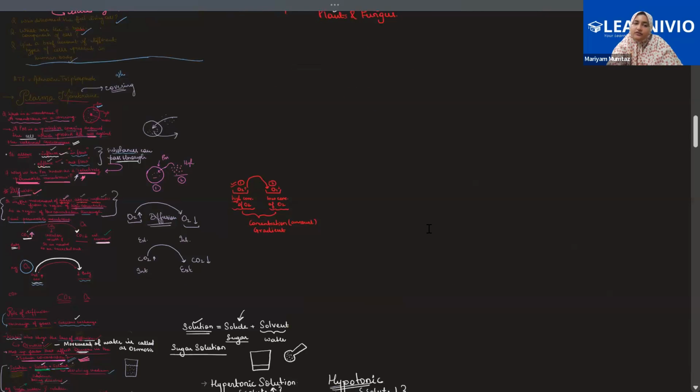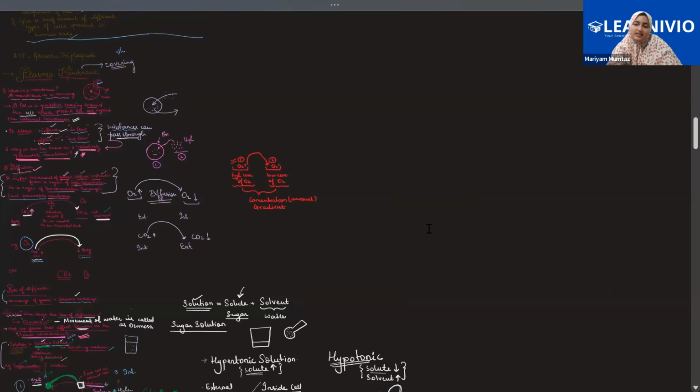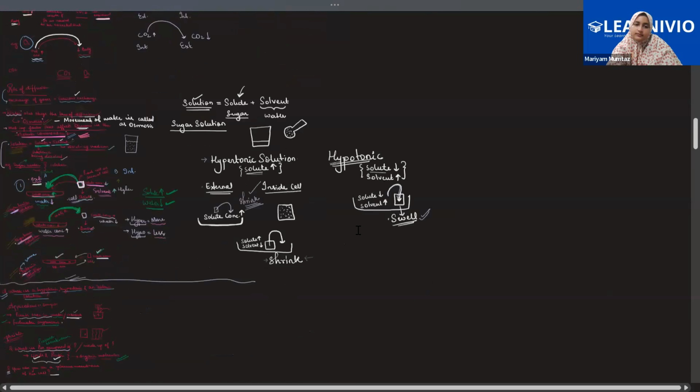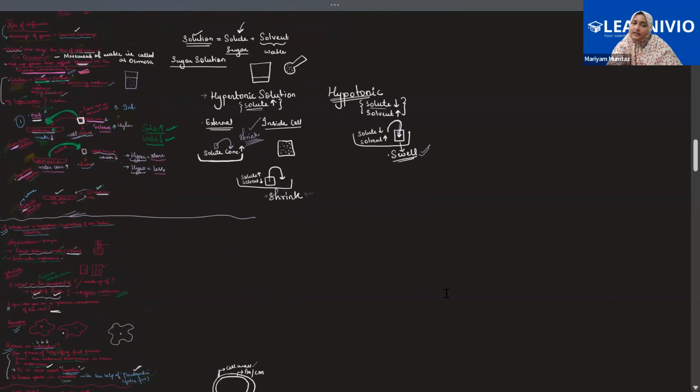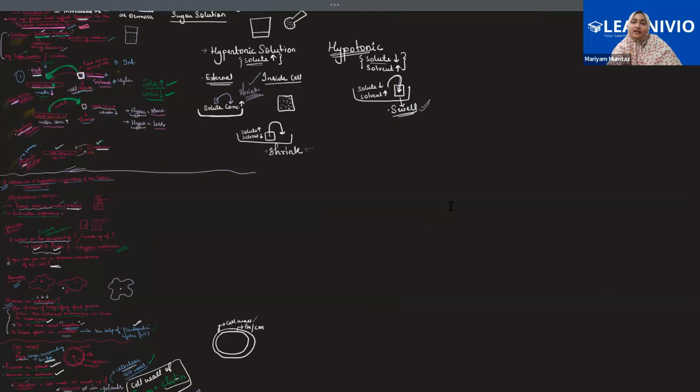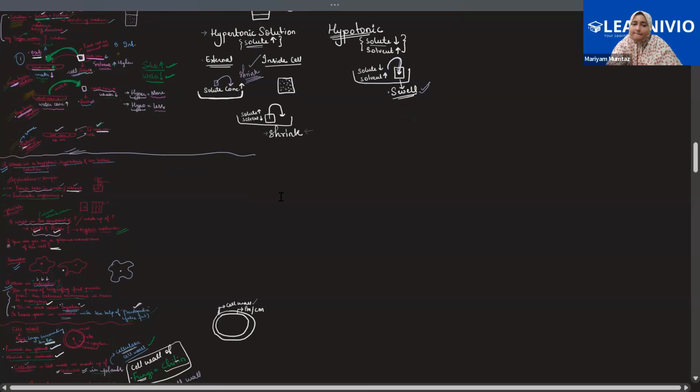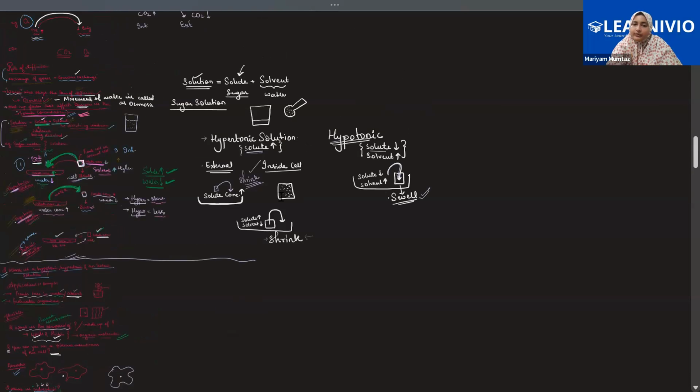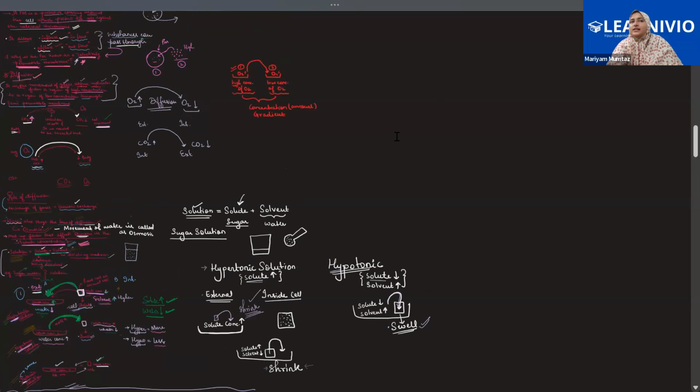So will that division of labor be present in one cell? Yes, ma'am. It will be there. Or when the cells form tissues, then they develop this division of labor, that every single component has its own function. Because a cell is only one unit, so how will there be a division of labor? You getting my point? Yes, ma'am.